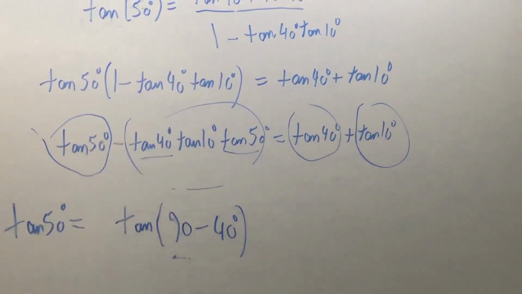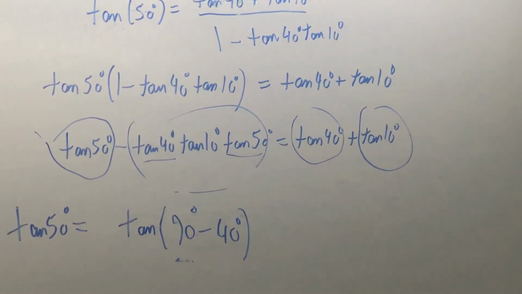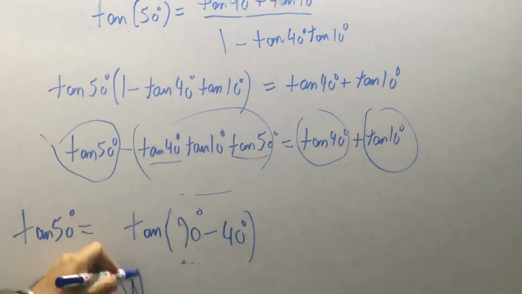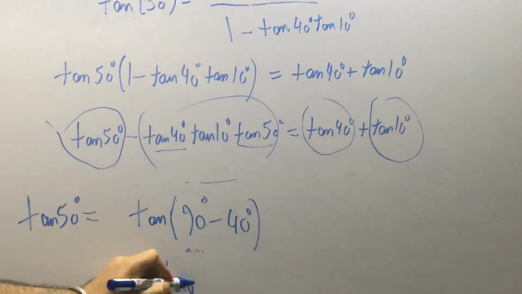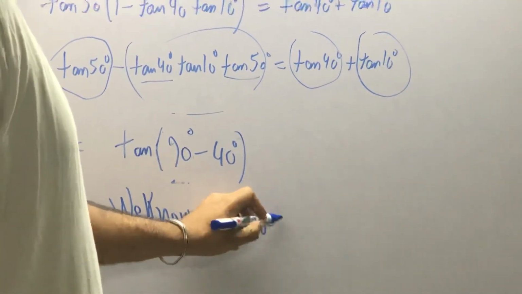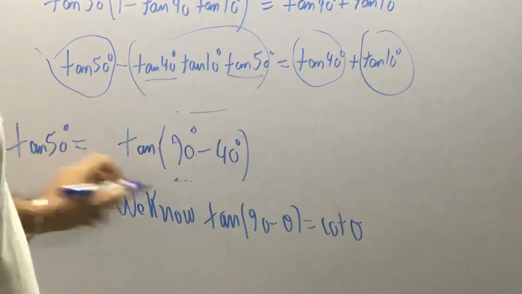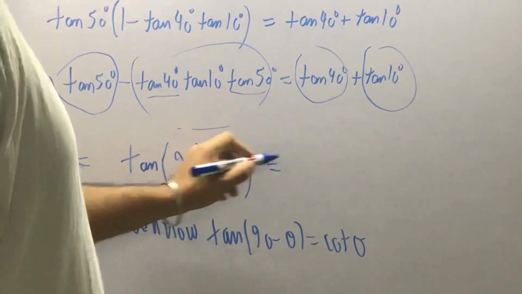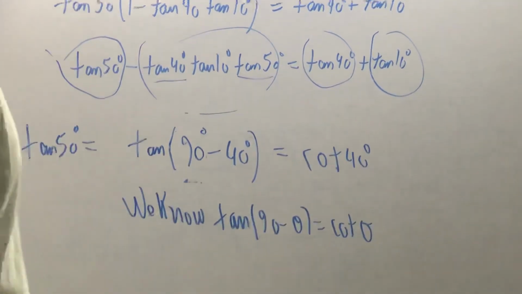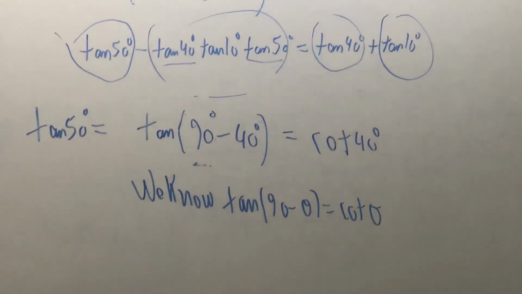Tan (90 minus 40). So now what are you seeing here? We know tan (90 minus theta) is cot theta. We have done this before. So this will be cot 40, right? Tan 50 will be equal to cot 40. I have shown you how I have done this.